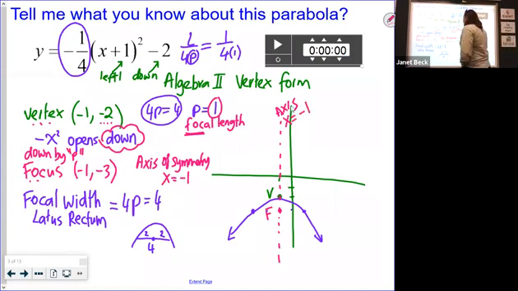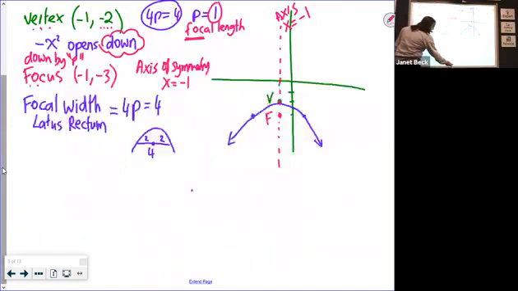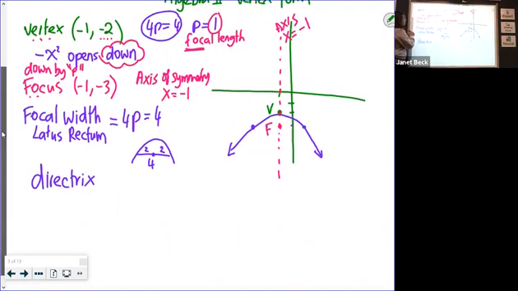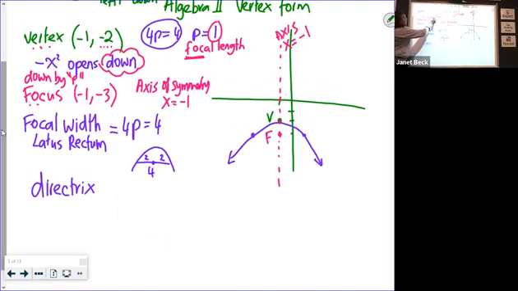You also have one other really important point. It's not a point, it's actually a line, another feature. It's something called the directrix. And we'll talk about that a little bit more tomorrow, what the directrix actually is and what it does. If the parabola opened down, the focus was down by p from the vertex. To get the directrix, you're going to go in the opposite direction. So we're going to go up by p, and our p is 1.